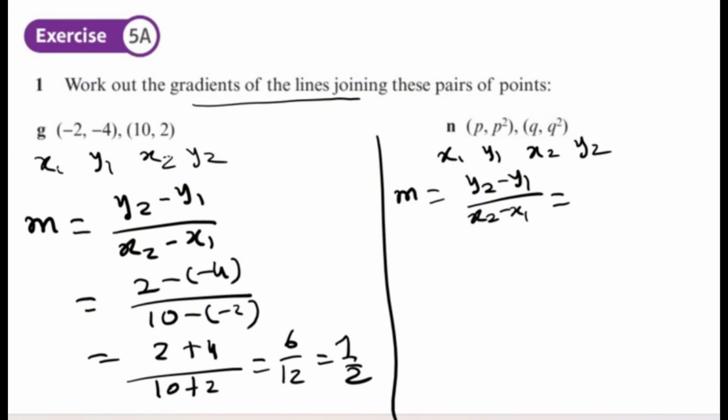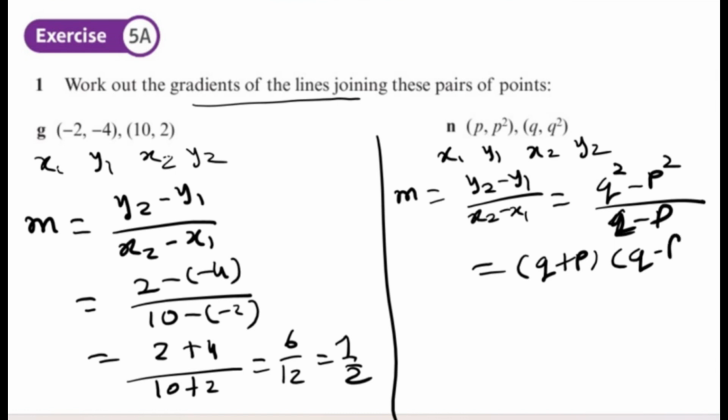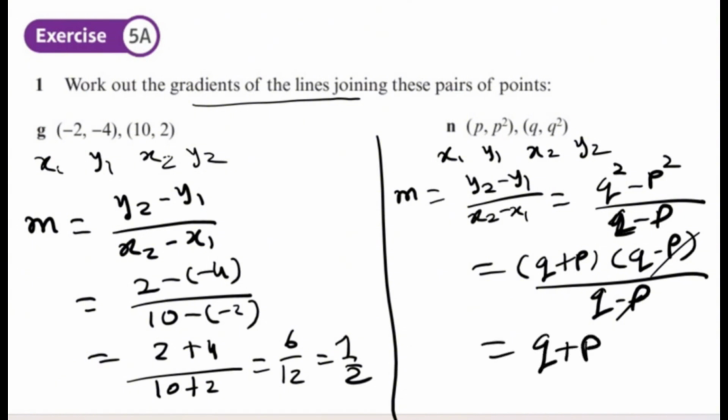Substitute the values: q squared minus p squared over q minus p, right? Now we know q squared minus p squared is equal to q plus p times q minus p, difference of two squares, over q minus p. So q minus p will get cancelled. So we will end up with q plus p. So the gradient for these two points is q plus p.